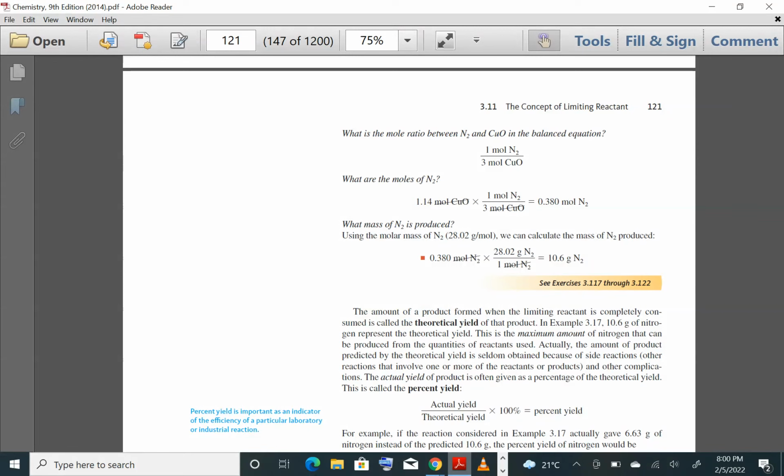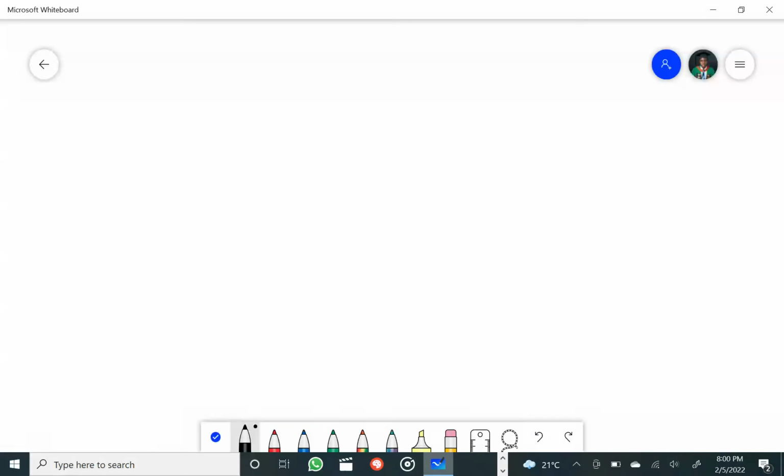So now let's answer the percentage yield for this equation. So we know that the theoretical yield is the 10.6 grams that we found. Then we are told that the amount which they actually got from this reaction was 6.63 grams. So our actual yield is 6.63 grams, and the theoretical yield is 10.6 grams. So we can figure out what the percentage yield is.